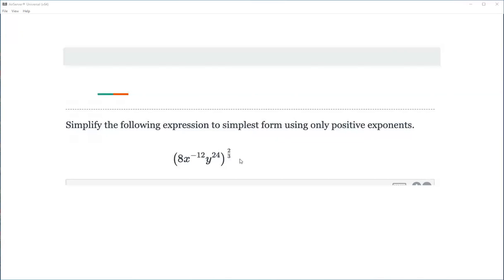With this, pretty much, again, you're bringing the 2/3 to each of these terms. So it'll be 8 to the 2/3 power. I'm gonna move this down. So it'll be x to the 12th power, y to the 24 times 2/3. And this, I have to multiply this by 2/3 as well.